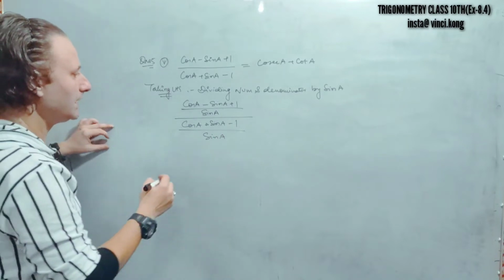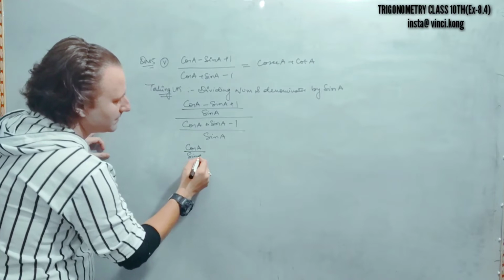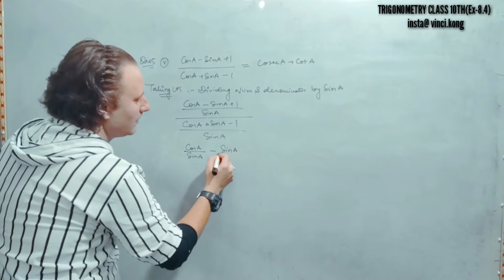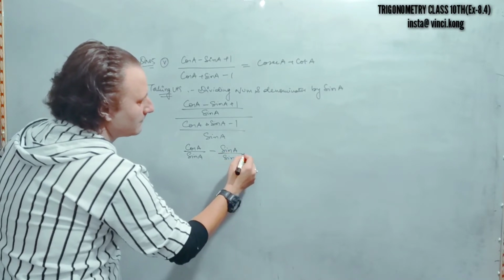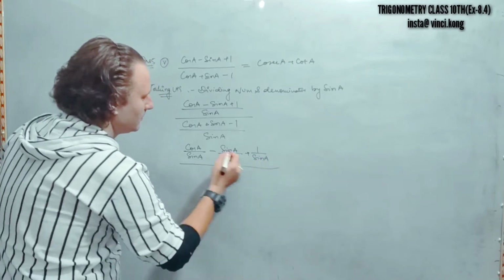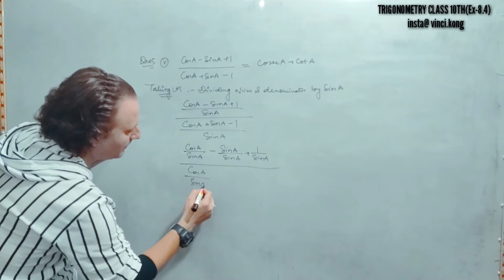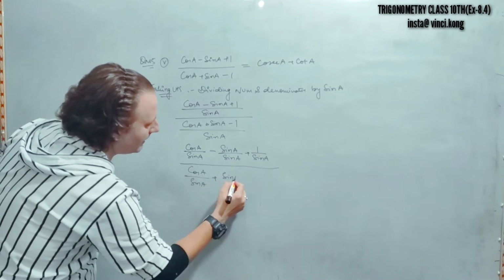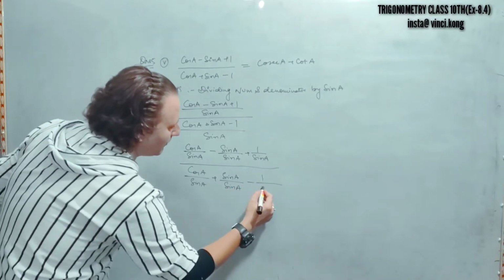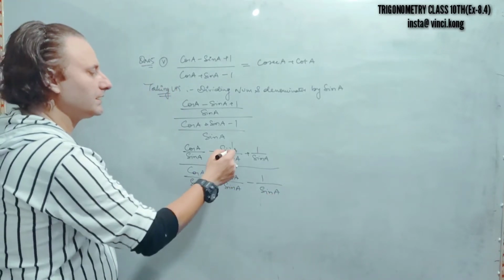Okay guys, now cos A upon sine A, because this sine A is with all of them, minus sine A upon sine A plus 1 upon sine A. Then I have again cos A upon sine A plus sine A upon sine A minus 1 upon sine A. This thing I can cancel, I have 1 here.